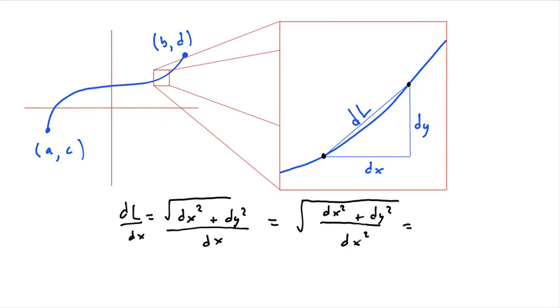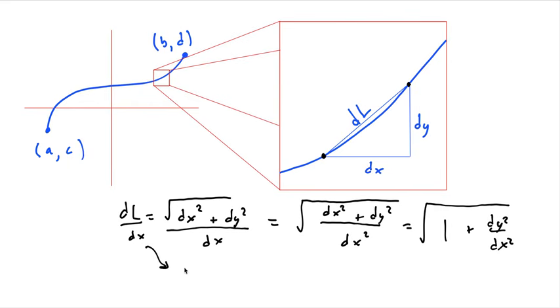We'd have dx squared over dx squared plus dy squared over dx squared. Now, dx squared over dx squared is simply 1. So we have 1 plus dy over dx squared.